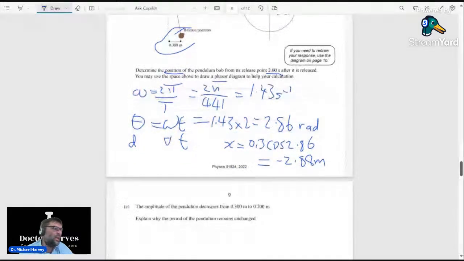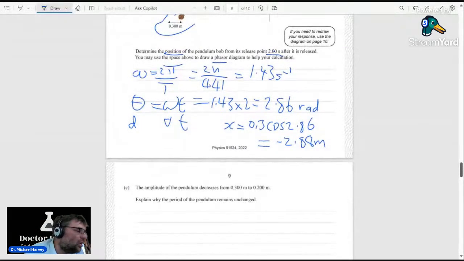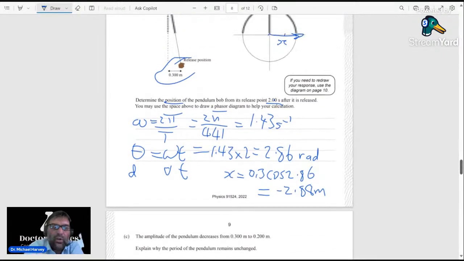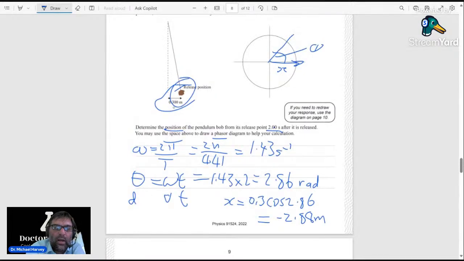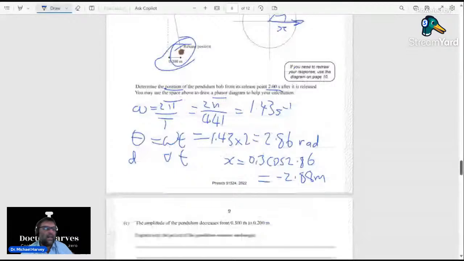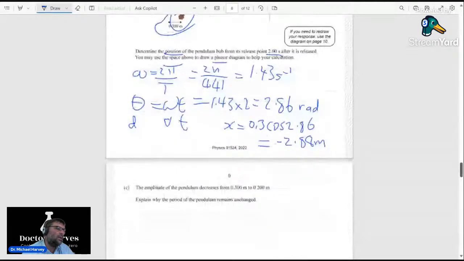We're not quite there though, because of the distance from the release point. If you go back to the question, the release point is actually 0.300 meters from the equilibrium. To get the excellence point, you have to add that on.